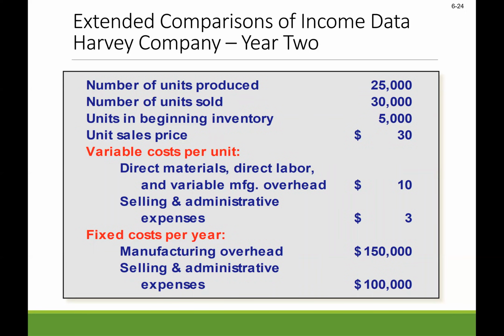This is year 2. At the end of year 1, we had 5,000 sitting in finished goods. Now, year 2, we manufactured 25,000, but we sold all 30. We have our sales price, our variable cost per unit, and then our fixed costs.